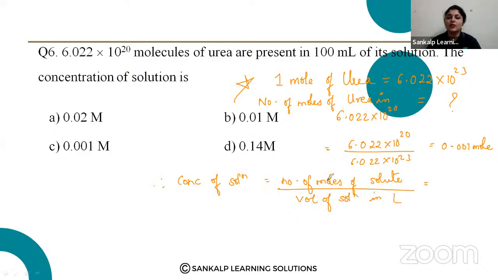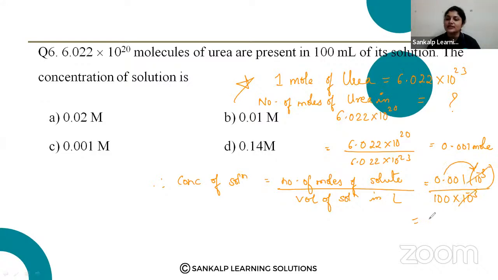The number of moles of solute is 0.001, divided by the volume of solution in liters. It is 100 ml, so you multiply it by 10 raised to minus 3, and this also is 10 raised to minus 3.